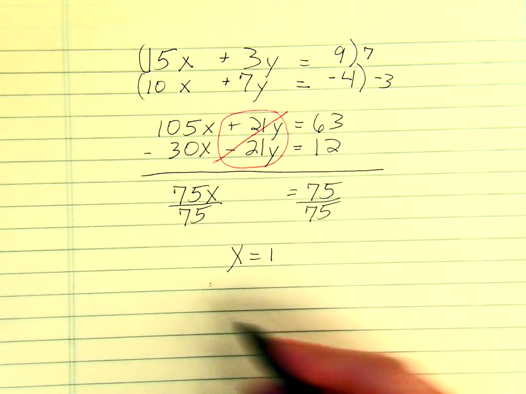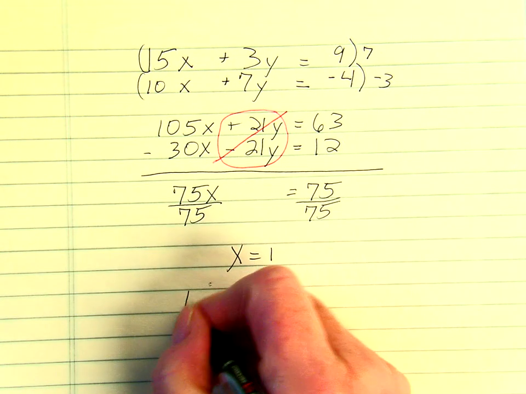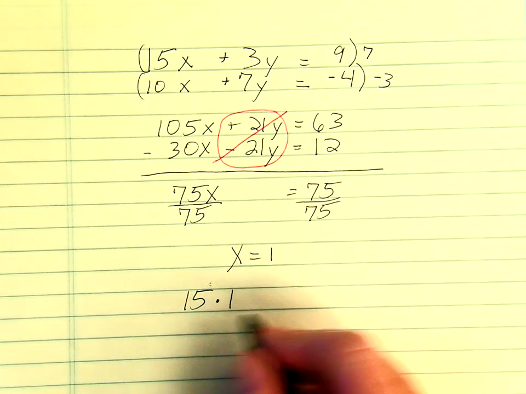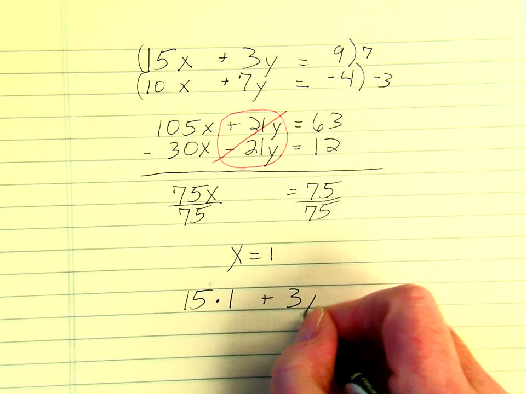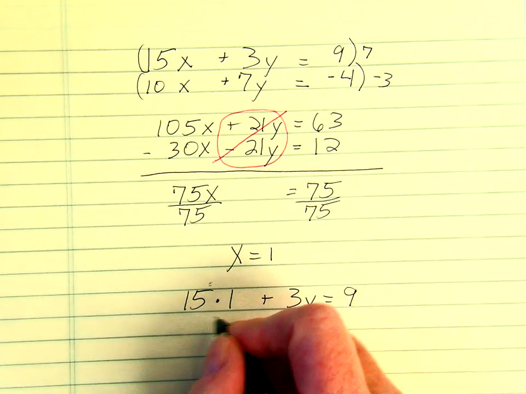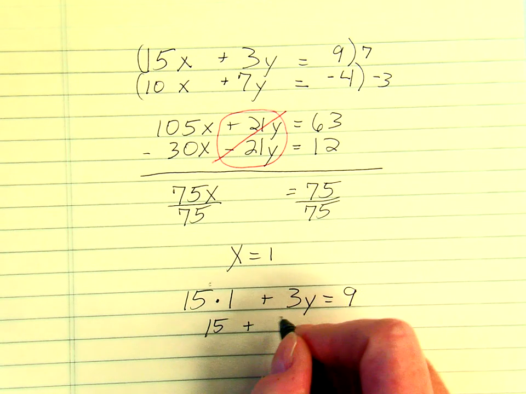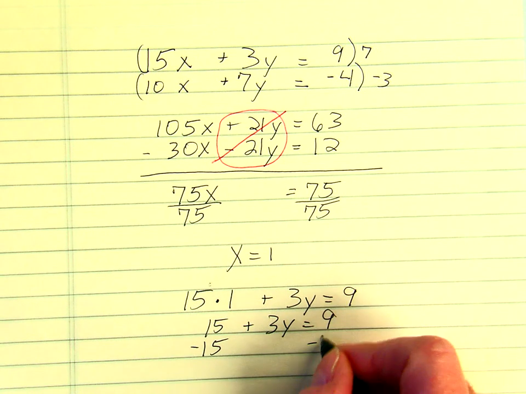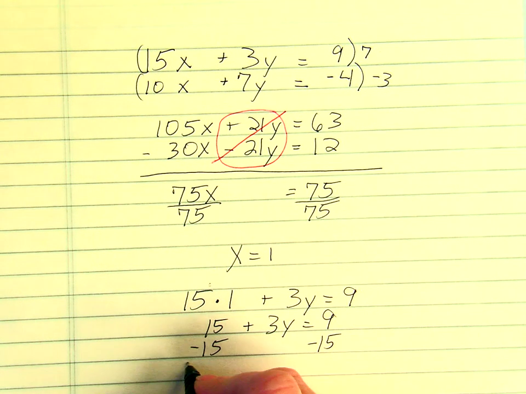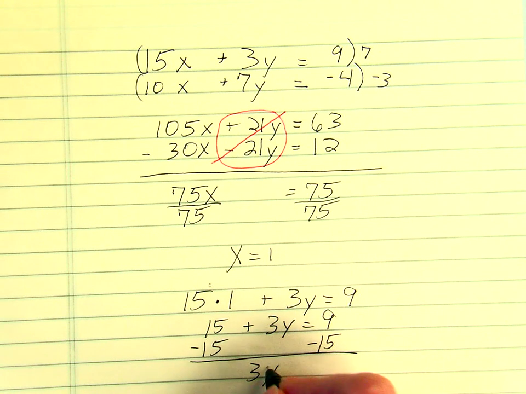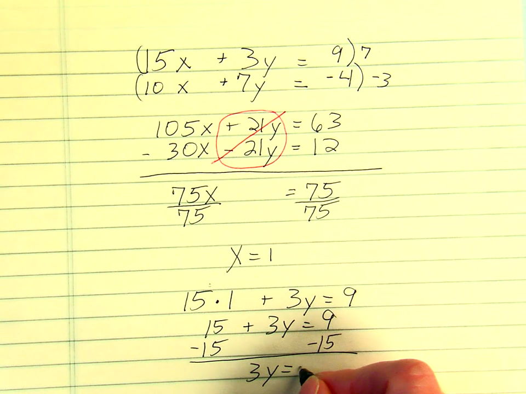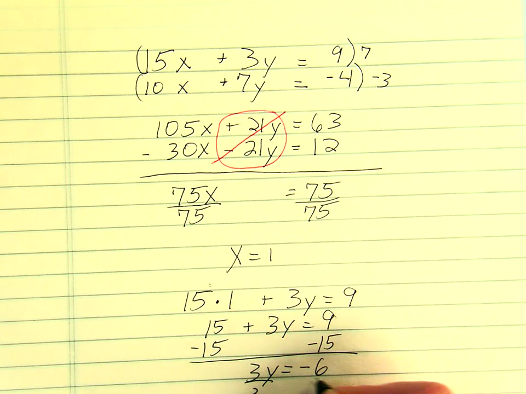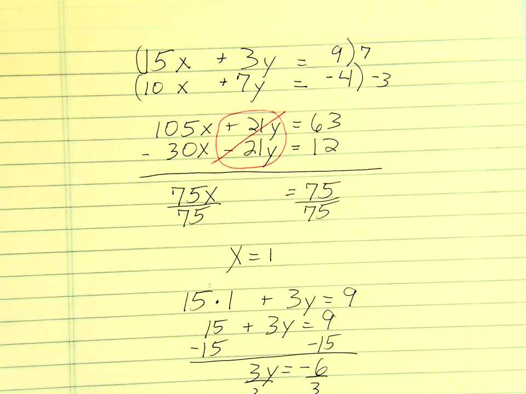I'll go to the top one here, and I'll say 15 times my x of 1 plus 3y equals 9. 15 plus 3y equals 9. Subtracting my 15 from both sides gives me 3y equals negative 6, dividing by 3, and y equals negative 2.